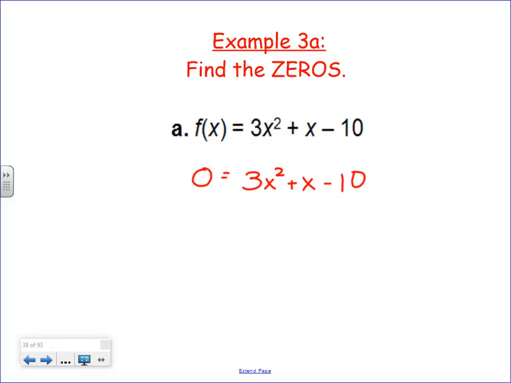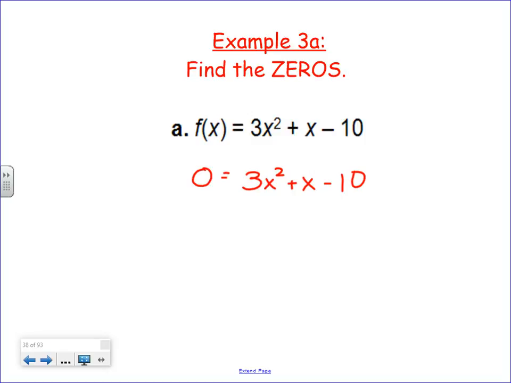Now, real quick, just with a raise of hands, how many of you see a factor problem like that and immediately think of this big old X that you plug numbers into, top, bottom, right, left? Okay, a couple. How many of you look at a problem like this and immediately think of a box that you fill in numbers? No. How do you think of Mr. Crawford? I need to split this X term into two separate X terms, and then do some grouping.